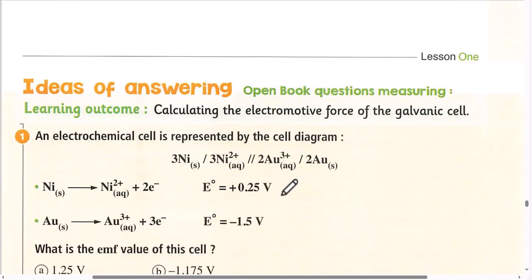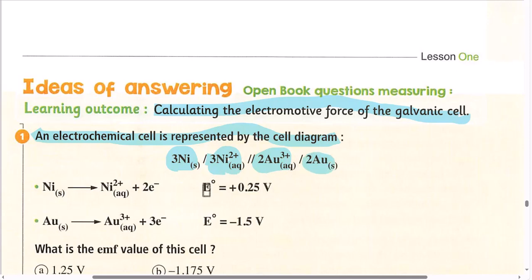Another question: calculating the electromotive force of the galvanic cell. The electrochemical cell is represented by the cell diagram. The anode is nickel, with 3 nickel atoms oxidized into 3 nickel ions, and the cathode, here 2 ions of gold reduced to 2 atoms of gold.